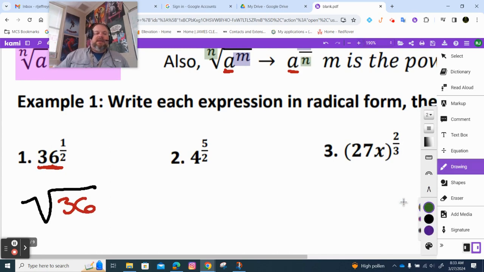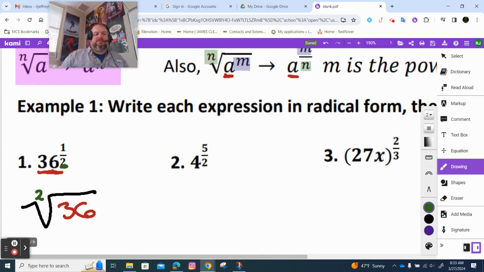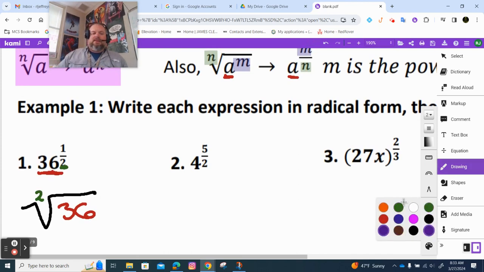Now, this 2 right here is on the bottom, just like this N was over here, in this little gutter, right? I call it the gutter. And this 1 was on top, and this is the power.